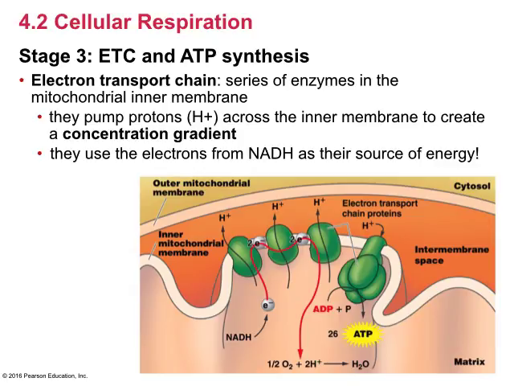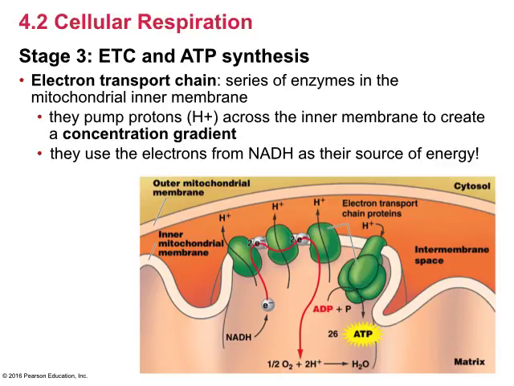But in the end, the hydrogen ion gradient that's created, those hydrogen ions want to diffuse through the membrane, but they can't because they're charged. The inner membrane is a lipid bilayer, and the lipid bilayer will not let these hydrogen ions go through.